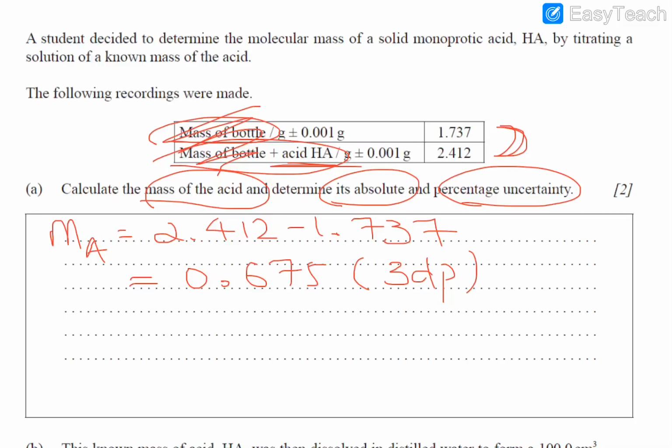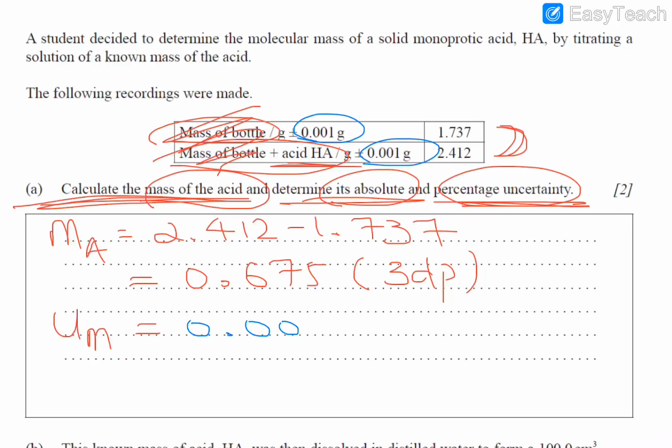Okay, for now there's nothing to change because it's just asking you to get these three things independently. So then the absolute uncertainty in mass is going to be the sum of the two uncertainties. Even if you're doing subtraction, you're always going to add uncertainties.